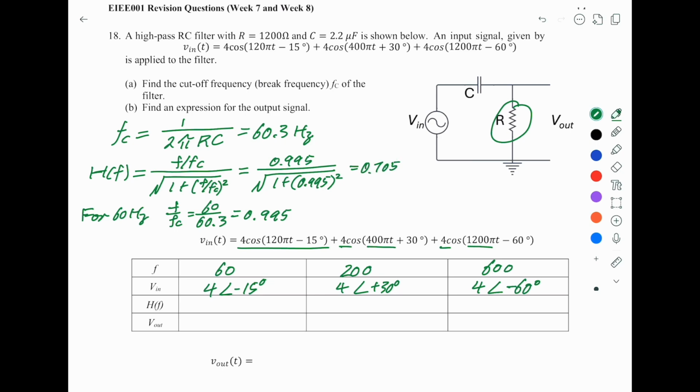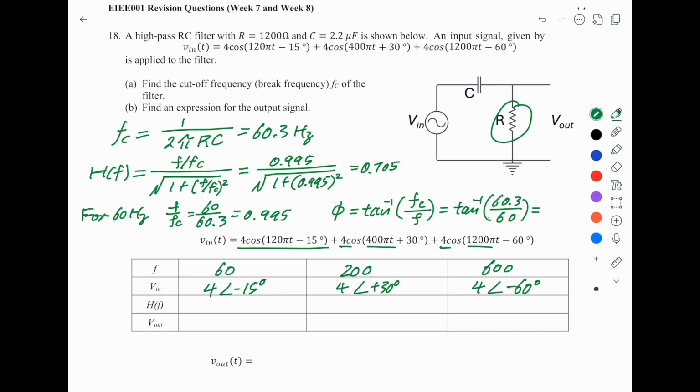And this is 0.705. For the high pass filter, the phase angle is equal to arctangent, but be careful, this time it's reversed. It means it's cutoff frequency over the frequency. So if we plug this in, the cutoff frequency is 60.3 and the frequency is 60 Hz.